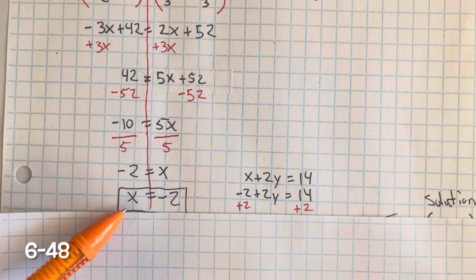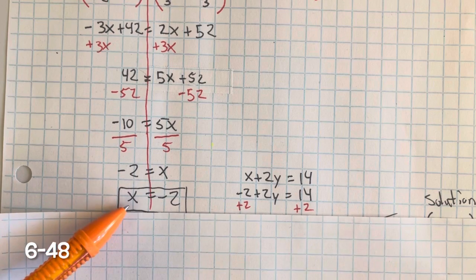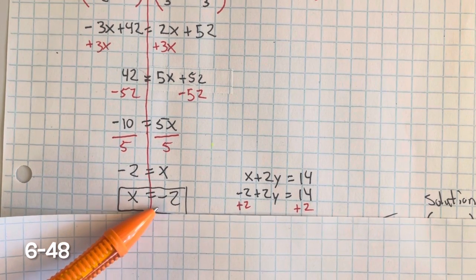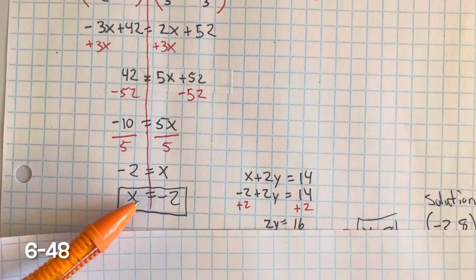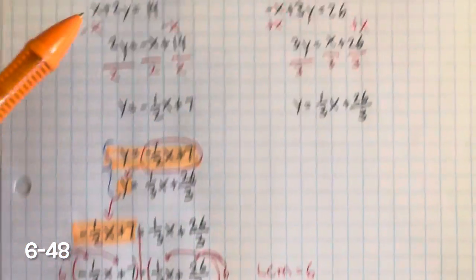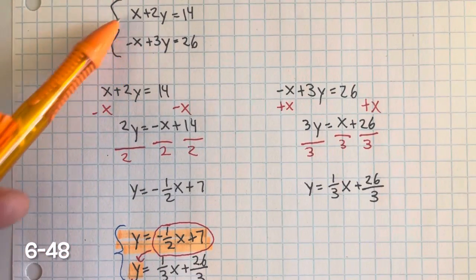Now, when you're solving a system, the solution is the x and y coordinates. So we've solved for x. Now we have to solve for y. And we can go ahead and plug back x into either of these two equations.